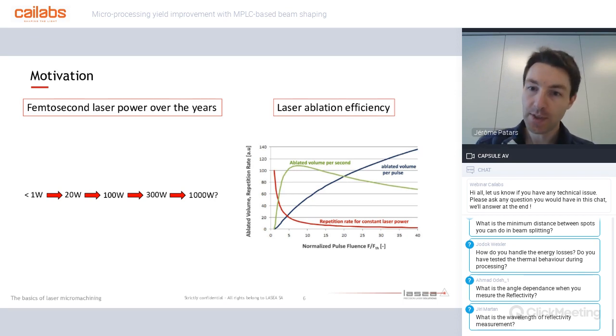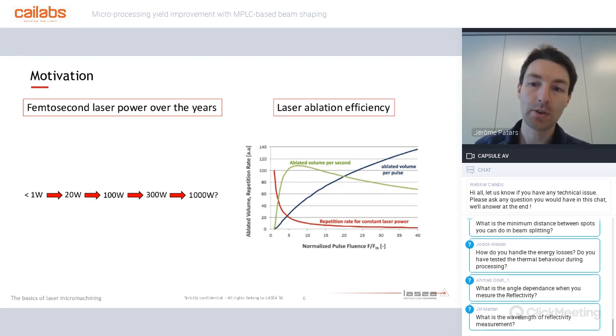But if we see it as an efficiency, which is the ablated volume per energy per second, there is a maximum at a specific energy. And this means that increasing the energy for one single beam is not the best solution to use at its maximum the output of these high power lasers.